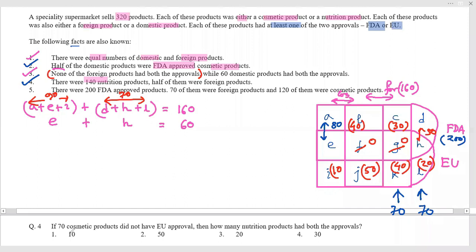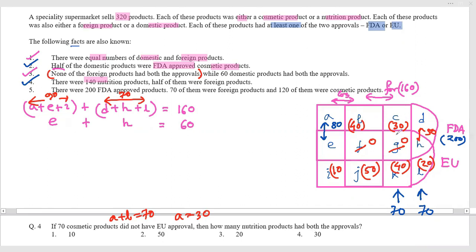Now, the fourth question. If 70 cosmetic products did not have EU approval, that means A, B together is 70. It talks about A plus B is equal to 70. Out of that B I know, B is 40, so A would be equal to 30. Then how many nutrition products had both the approval?